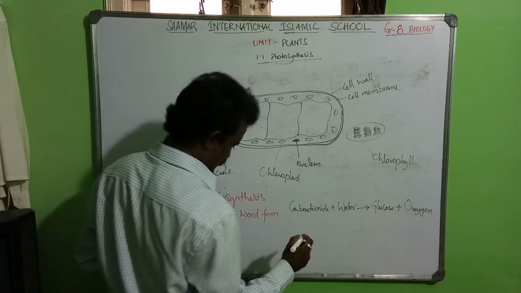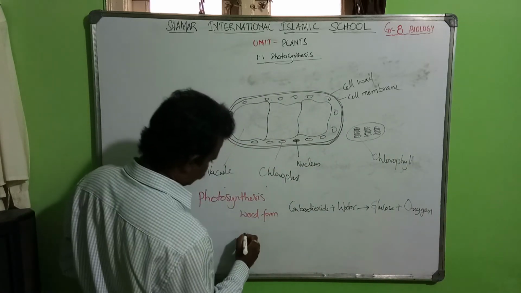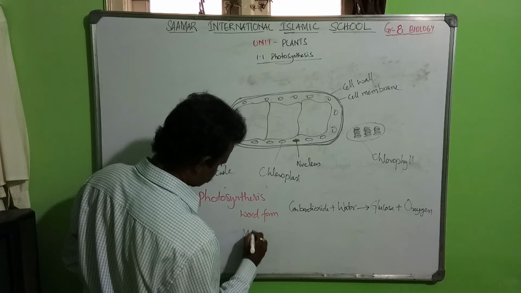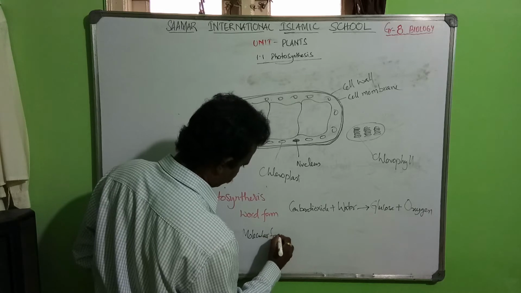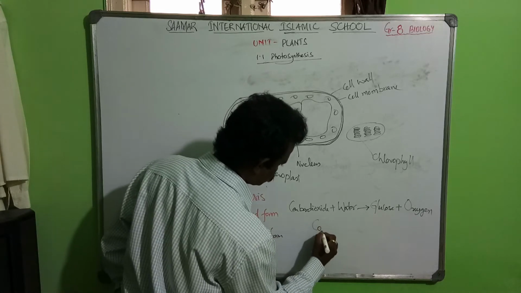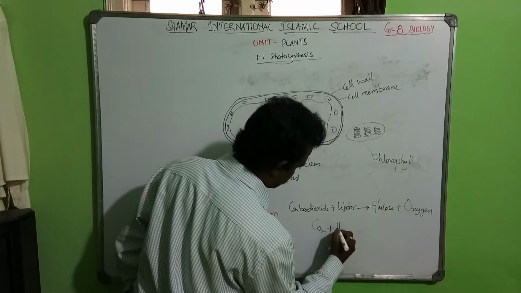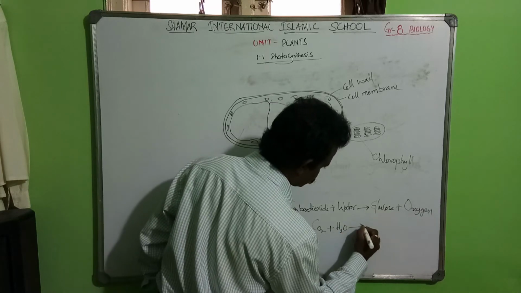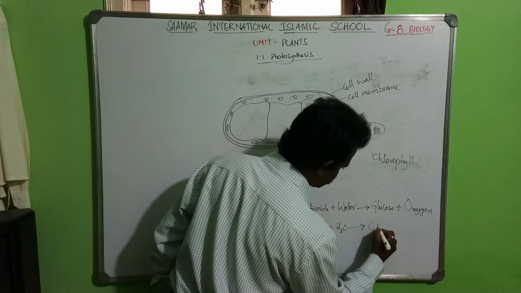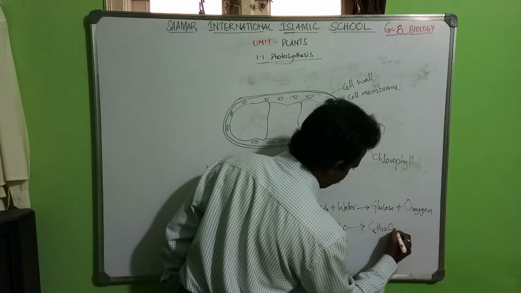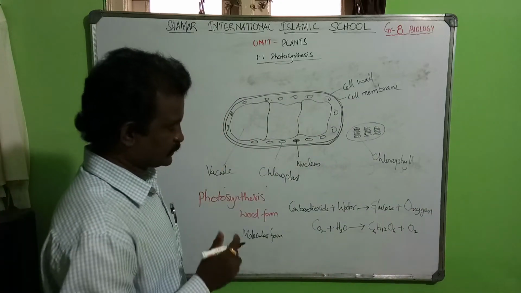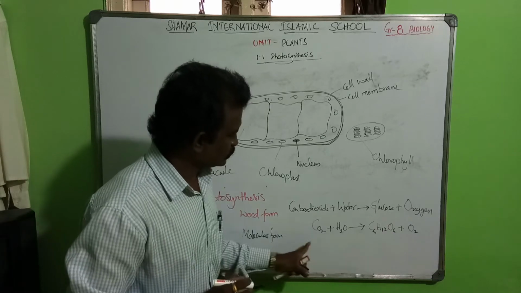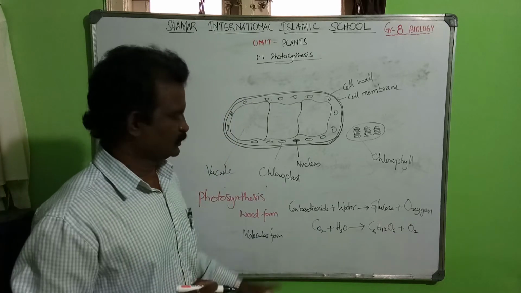If you write the chemical molecular form, carbon dioxide CO2 plus water gives rise to glucose C6H12O6 plus oxygen. I have not balanced the equation. Correct? So this is called the chemical formula, or molecular formula.